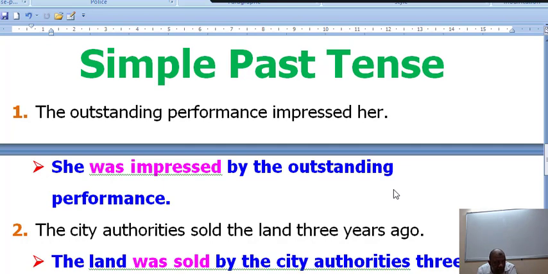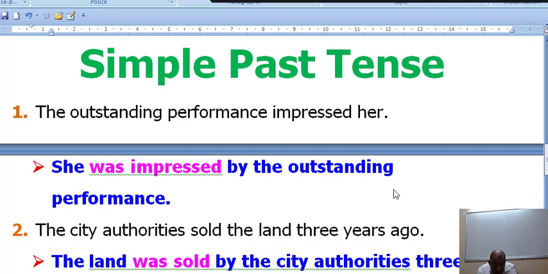The first sentence: the outstanding performance impressed her. So impressed is in the simple past tense. The complement is she, because her becomes she. We bring the auxiliary was. So she was, we should not say she were.